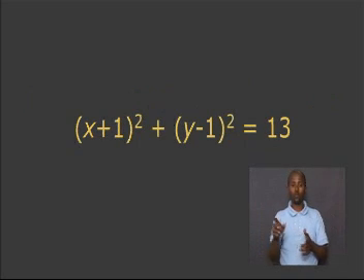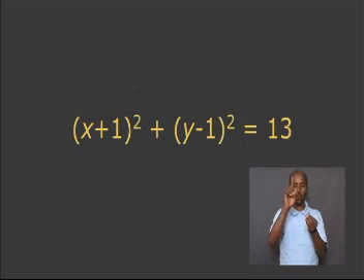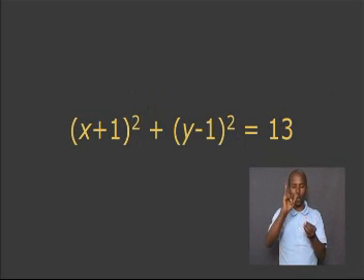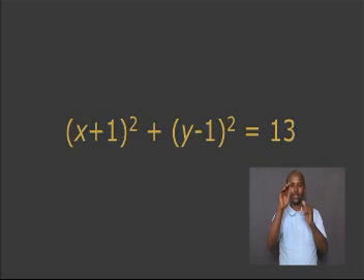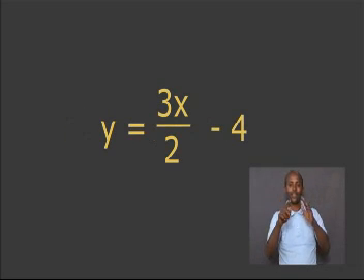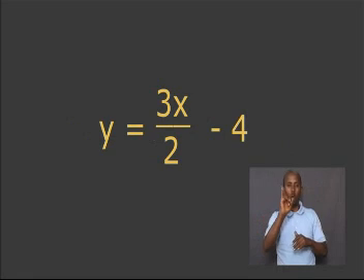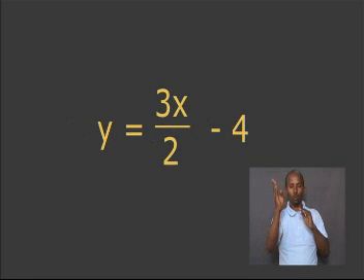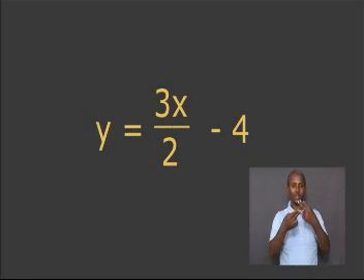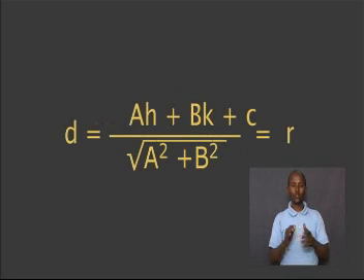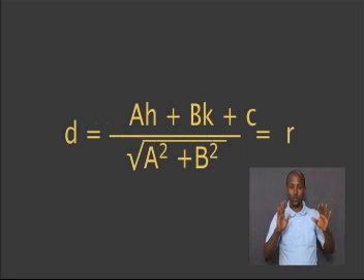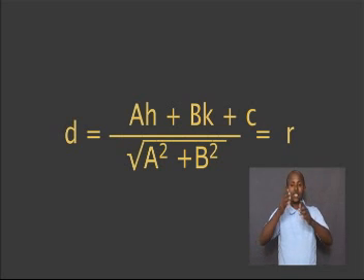For the circle (x plus 1) squared plus (y minus 1) squared equals 13, a tangent line is y equals 3 over 2 times x minus 4. To prove this statement, we will use the distance formula to determine if the distance equals the radius.